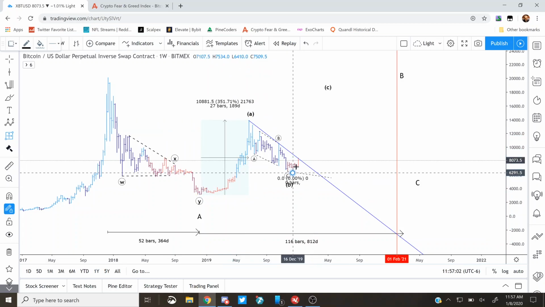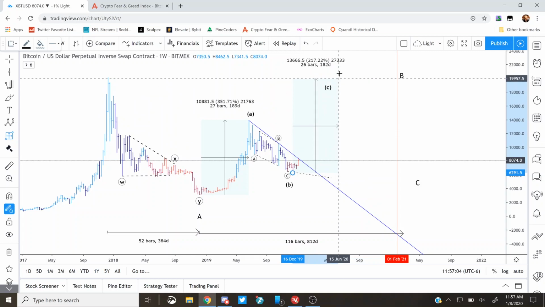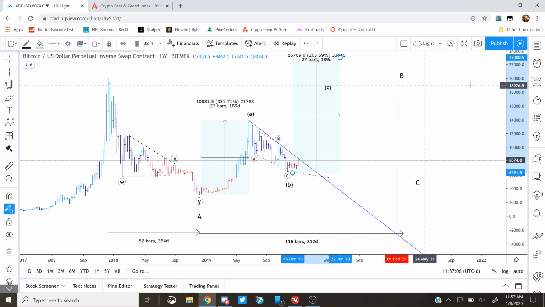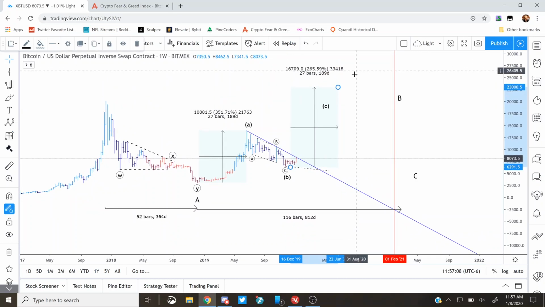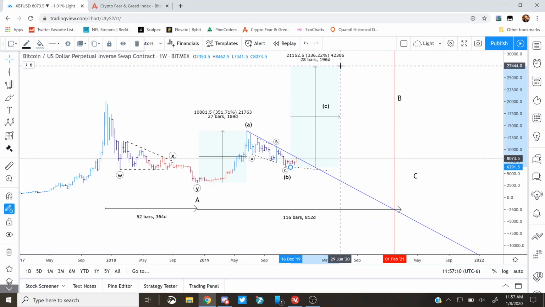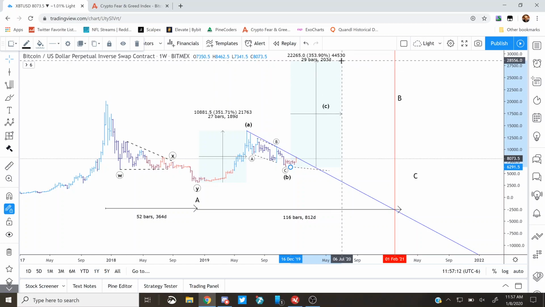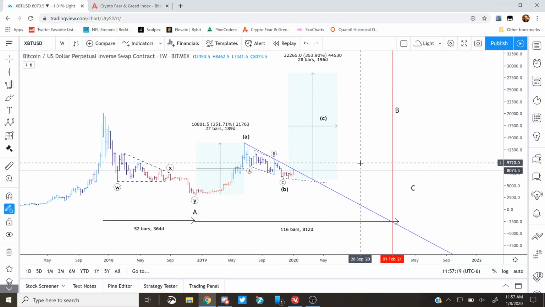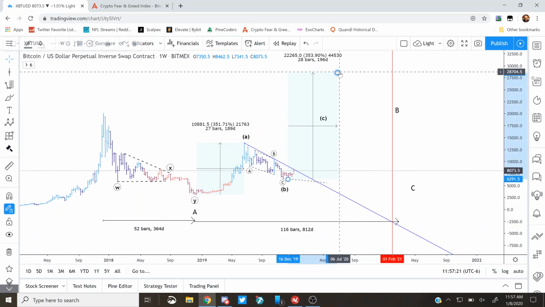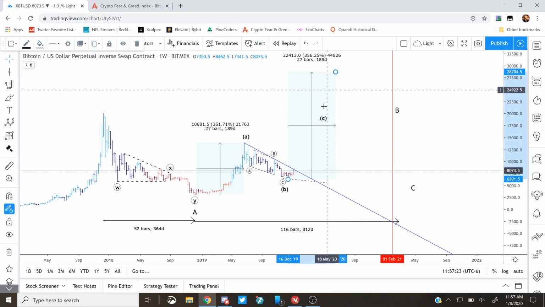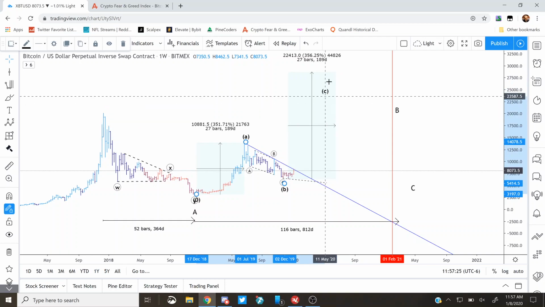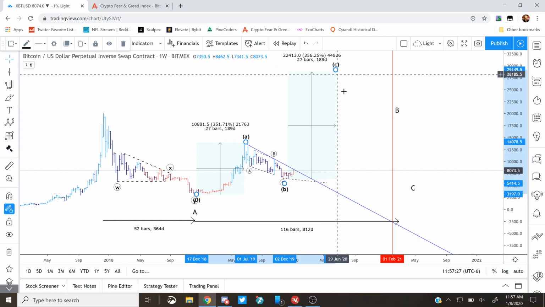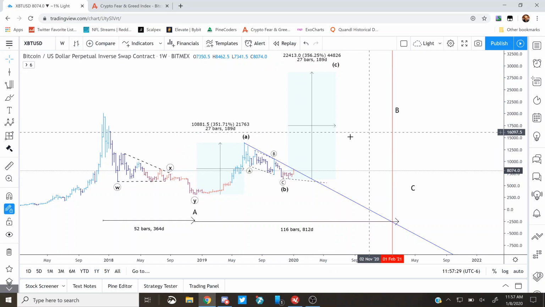Let's pull it from this low. Something like this. This would be a massive move.